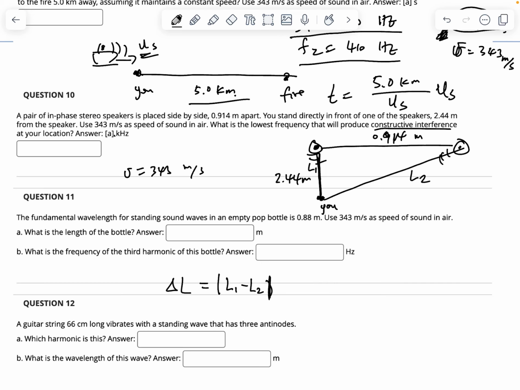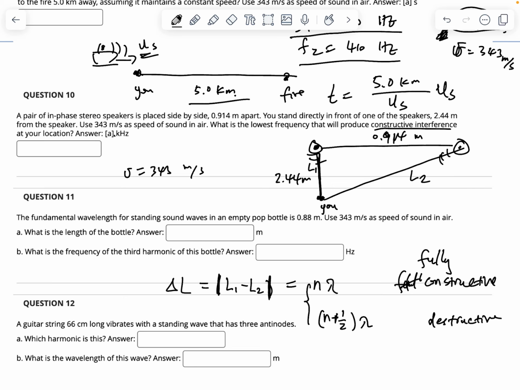If the path length difference, and you look at the absolute sign because you're looking for the difference value, right? This equals n lambda for constructive, n plus half lambda for destructive. Okay, this is the fully constructive, and this is the fully destructive. All right, so that's the condition.